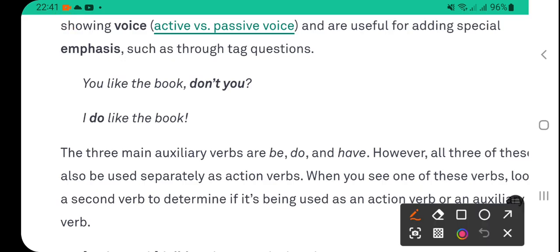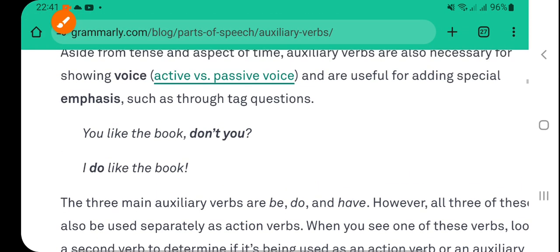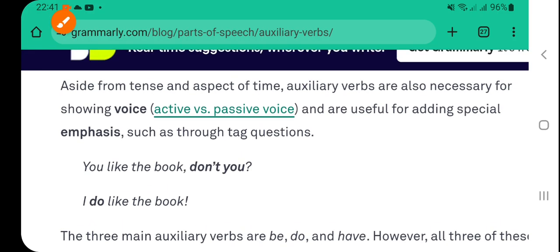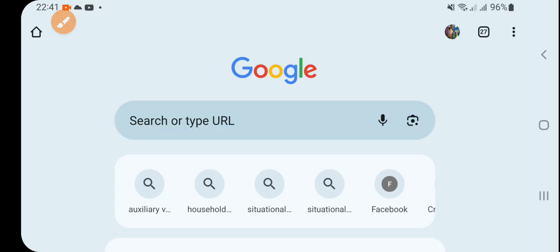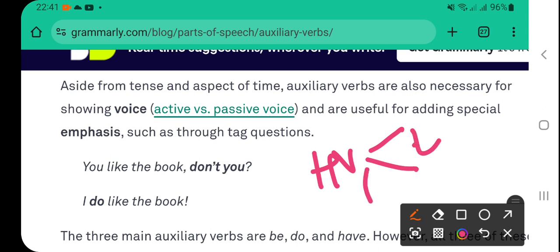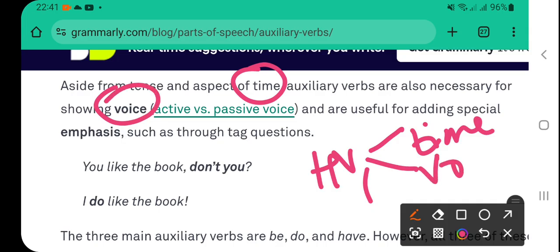So here let me revise that helping verbs are used for time, right? And then voice.